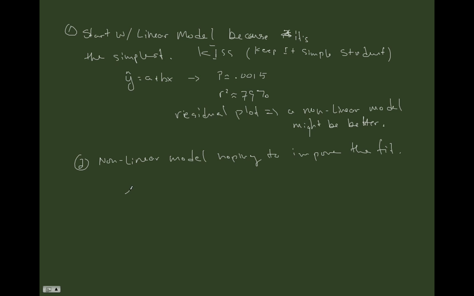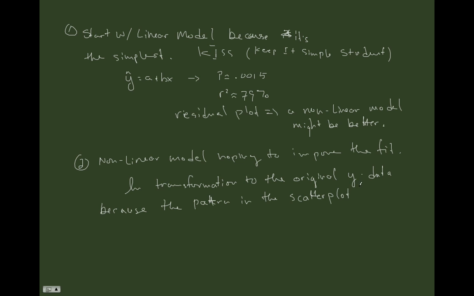So we did a ln transformation to the original Y data because the pattern in the scatter plot, and this is the original scatter plot, looked exponential.